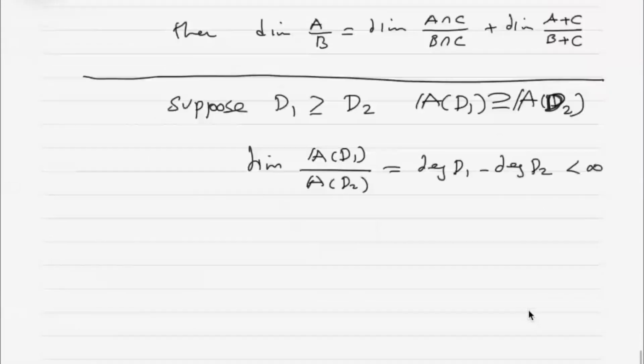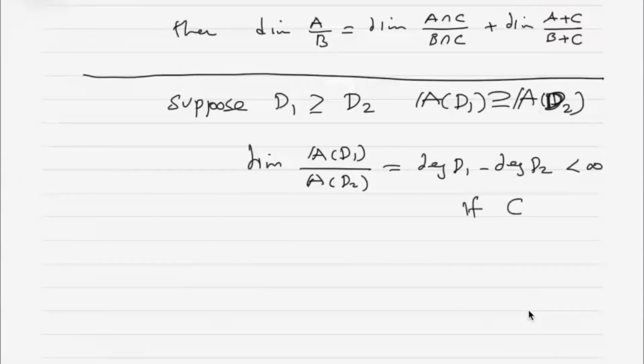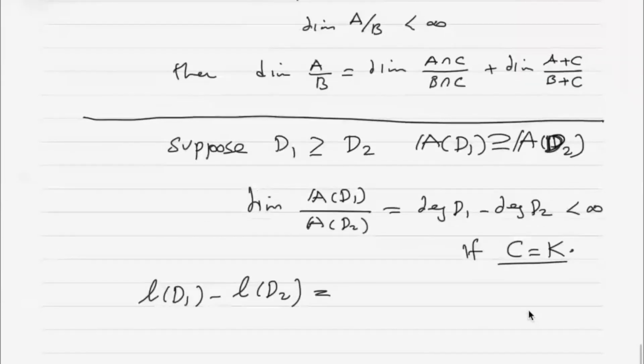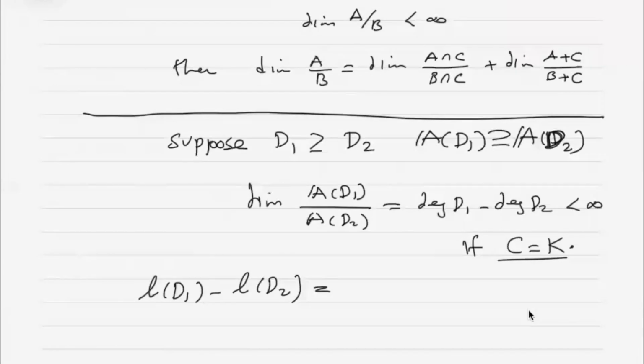So if I take C to be K, this is a vector space over C of infinite dimension, it follows that the dimension of L of D1 over L of D2 is equal to degree of D1 minus degree of D2 minus the dimension of A of D1 plus K over A of D2 plus K. Okay?